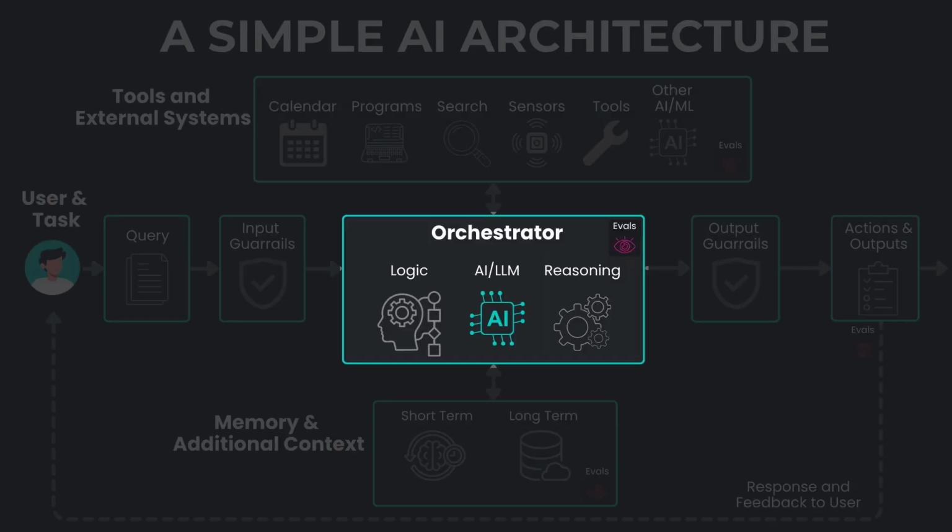But here what we have is several different components that can be inside of an orchestrator. Sometimes we have some deterministic logic that will process an incoming query or a request. That might be, if you're coding in Python, just some deterministic Python code or Python logic that is going to accept a request, route things in the right way, and so on.